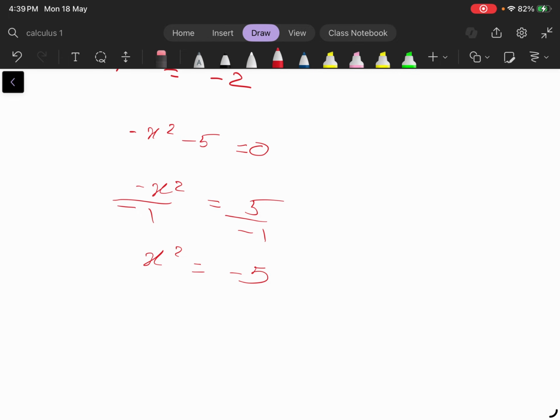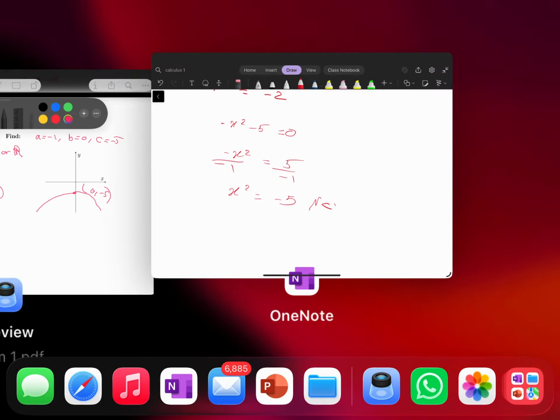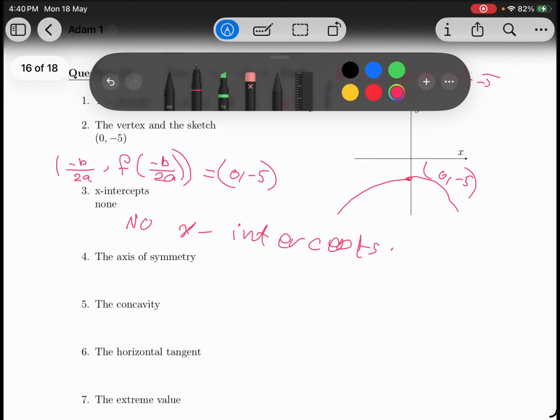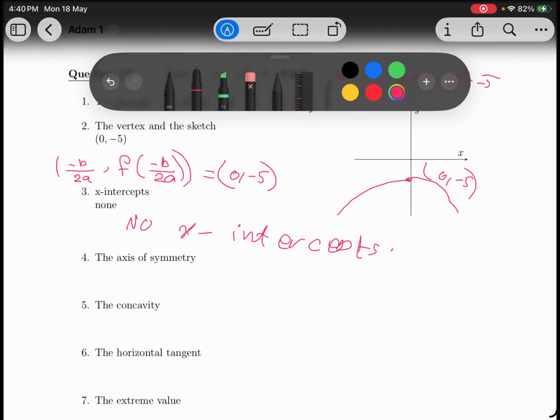If you square a real number, you will never end up with something negative. So there's no solution, which means there are no x-intercepts here.